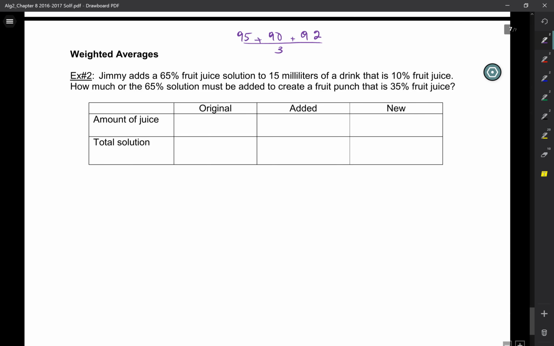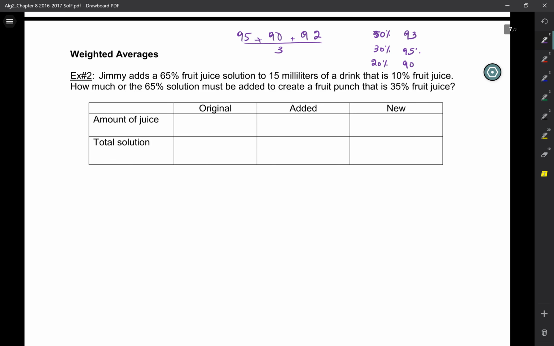So for example, your test grades count for 50%, and your quiz grades, let's say, count for 30%. And for simplicity, let's say you had something else that counted for 20%. Now let's say all of your tests together averaged 93, all of your quizzes together averaged 95%, and everything else, like the homework, averaged 90%.